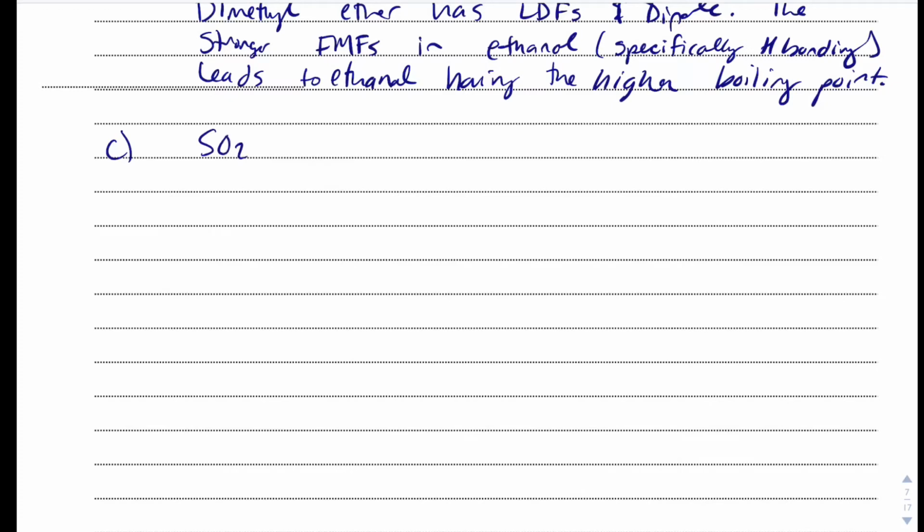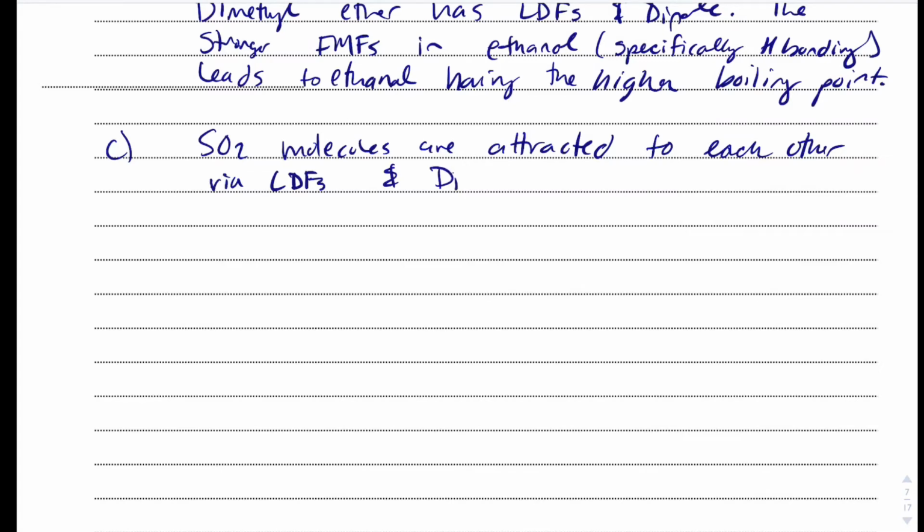So SO2 molecules, if we draw them out, are attracted to each other via LDFs and dipole. Okay, SO2 is definitely polar.